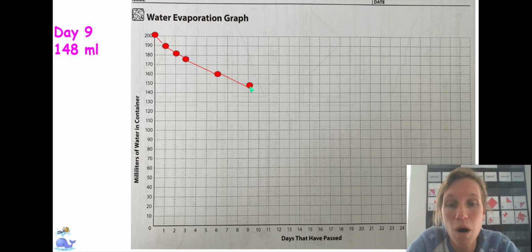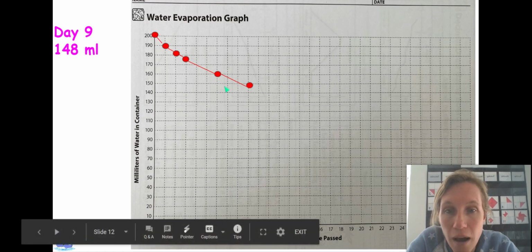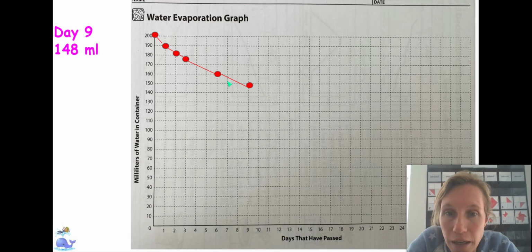So even though I didn't record days 7 and 8, I can really see that on day 7 I was somewhere around 157 mLs. On day 8, most likely around 152, 150, and then down to 148 for day 9.